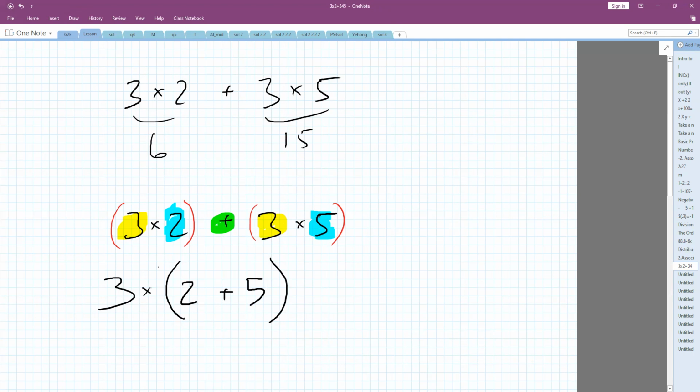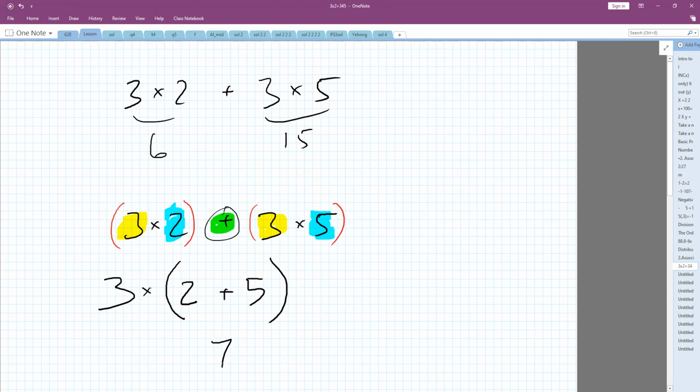So in this case, if you have 3 times 2 plus 3 times 5, the same number that you multiply here, you can take that out and then multiply by these two values, 2 plus 5. So now you see, when you have 3 times a bracket, 2 plus 5, close bracket, what's that?